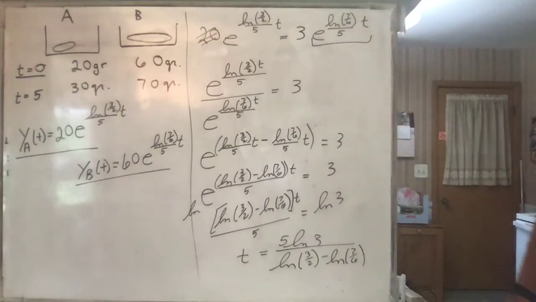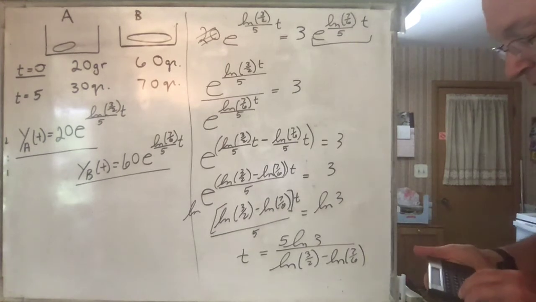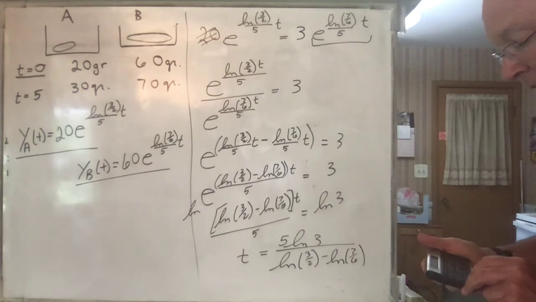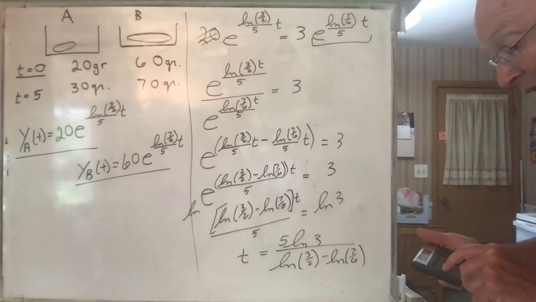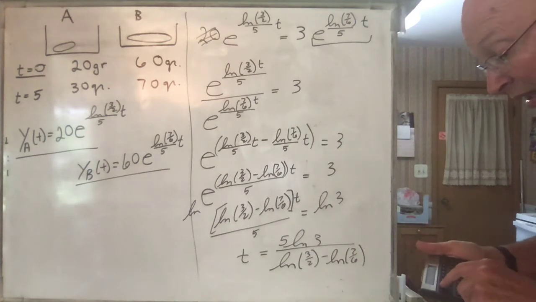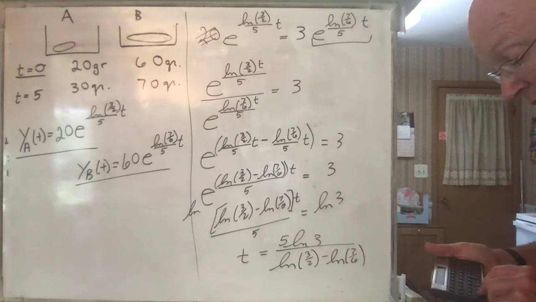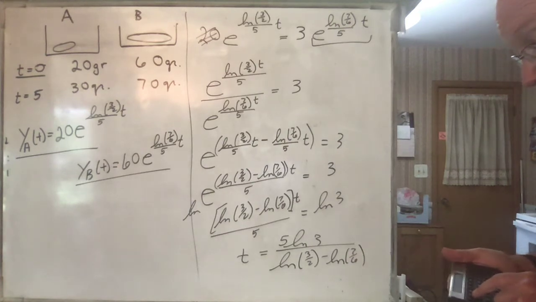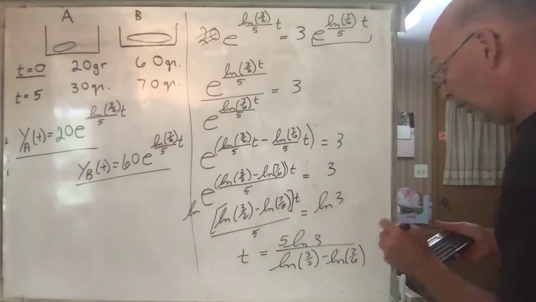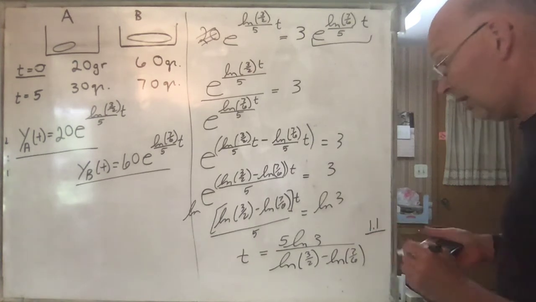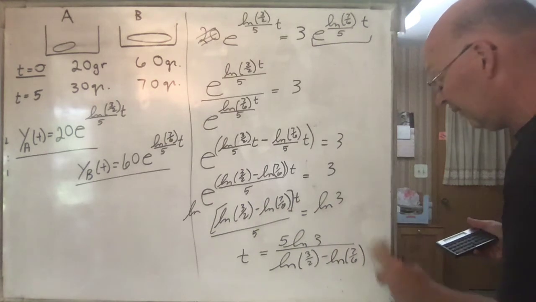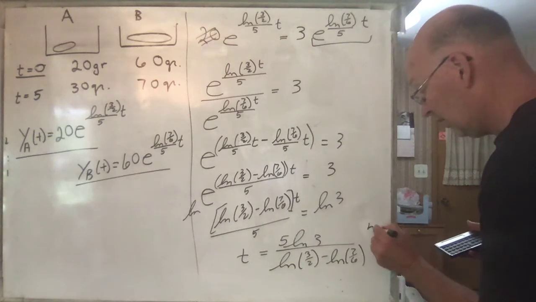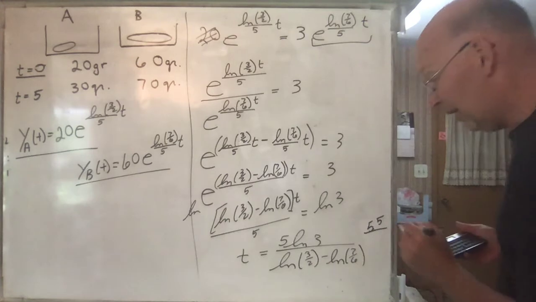And I'm kind of curious what that is. Let's go ahead and see if we can figure it out. I'm going to go ln of 3, 1.1 roughly, times 5 is going to be roughly 5.5 on top.